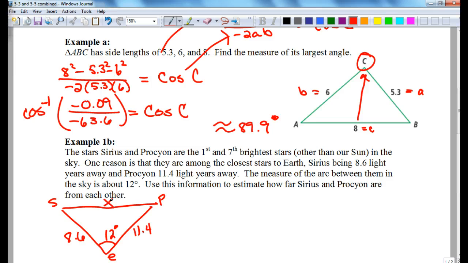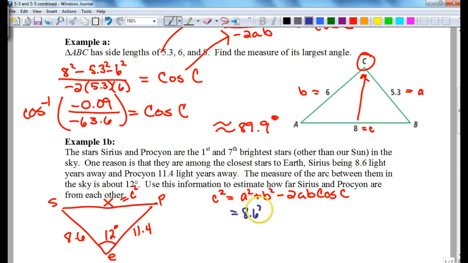Right? So we can just use the formula c squared. Let's call this c squared equals a squared plus b squared minus 2ab cosine C. Okay, so it doesn't matter which one you pick to be a. Which one do you want?